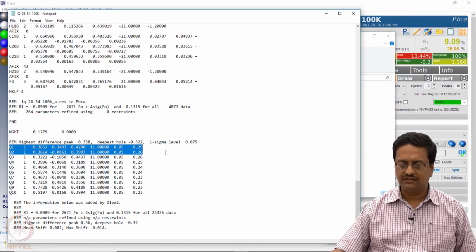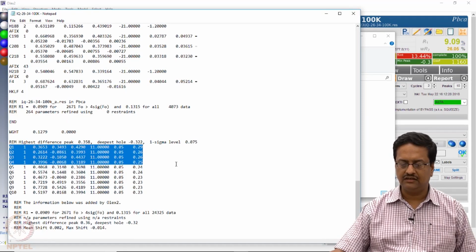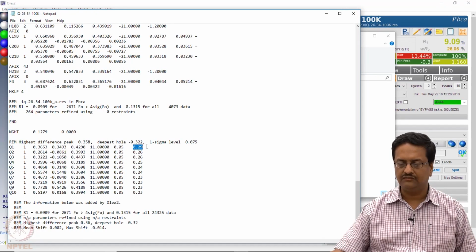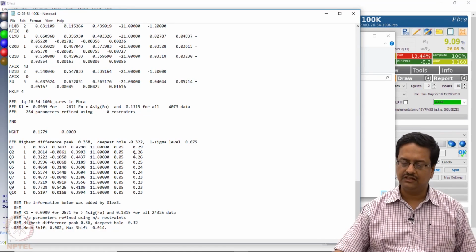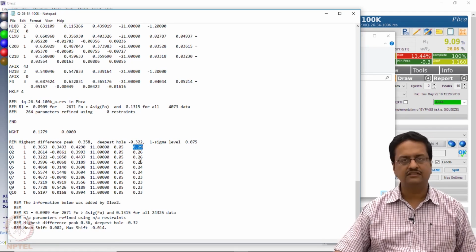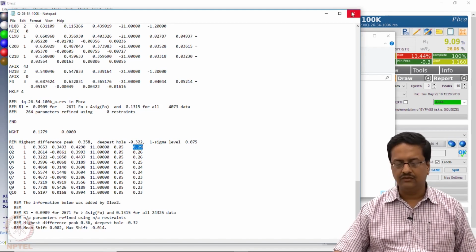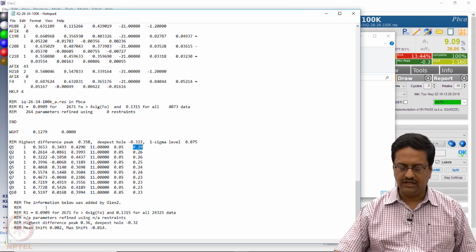The residual electron densities that are coming here are extremely small. These are all very small values for a light atom structure, and hence we don't need to do anything further. This indicates the structure is fully solved and refined well, and we have the R factor of about 9%.